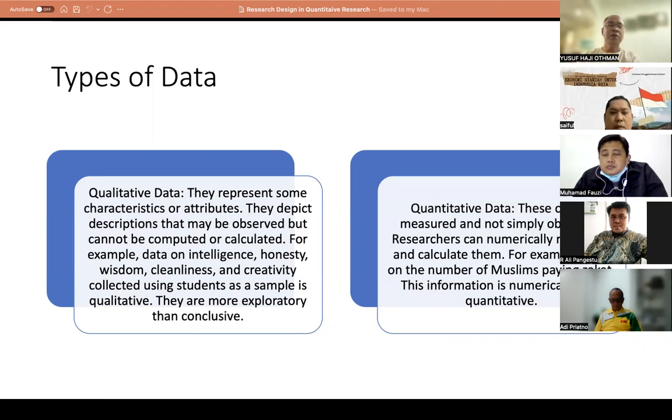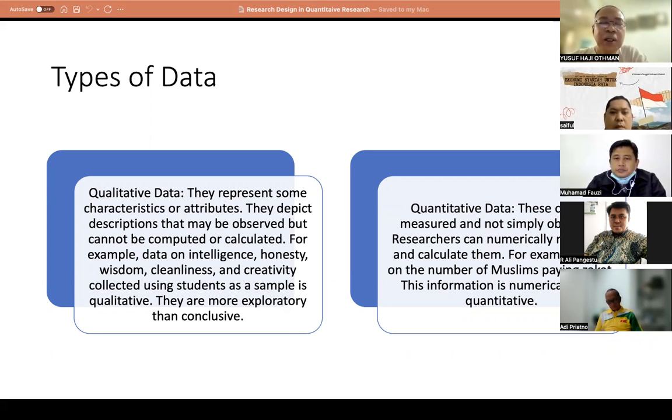So if you use, for example, a questionnaire, we have the scale, the Likert scale, 5-point, 6-point, or 7-point Likert scale, and then we input into SPSS or Excel, and all are expressed in numbers. So once you get the numbers, yeah, then you have to choose the type of analysis that you want to use.